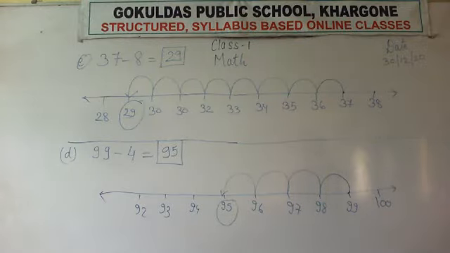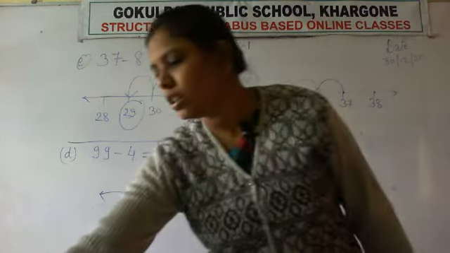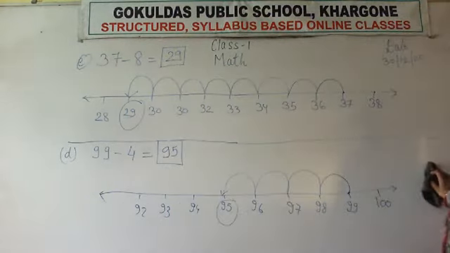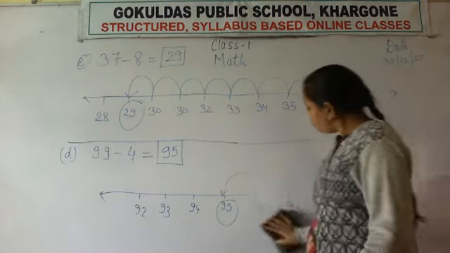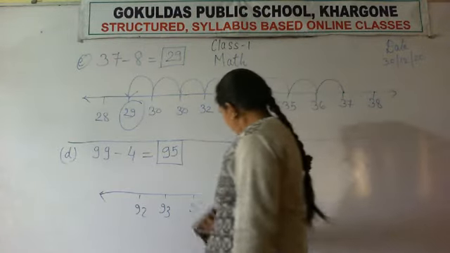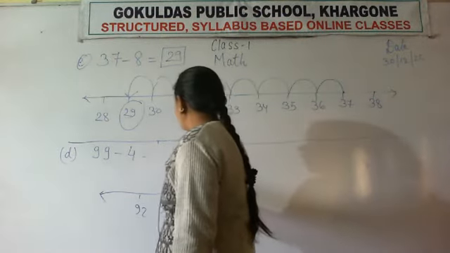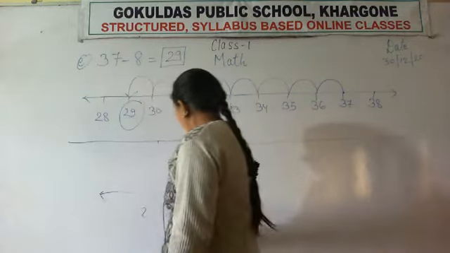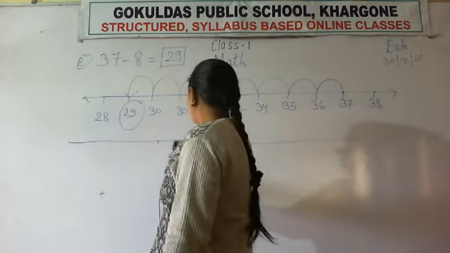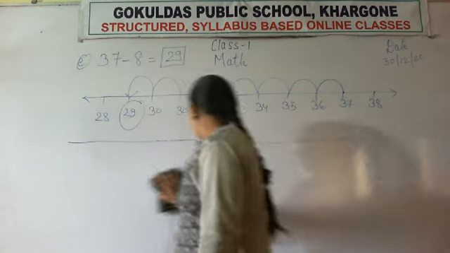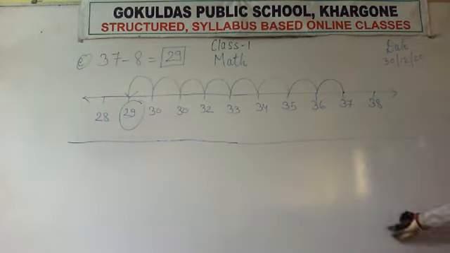Now I am going to give you one extra question. Okay, so try to solve this question. First you do question number E, then try to solve question F. First you do question E fast, copy fast from the board.